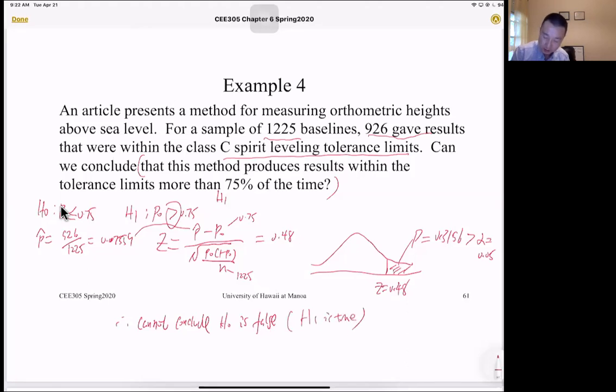All right, so that's the conclusion. We cannot conclude that the method produces results within the tolerance limit more than 75% of the time.